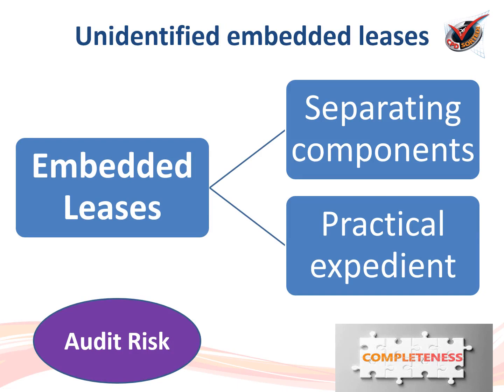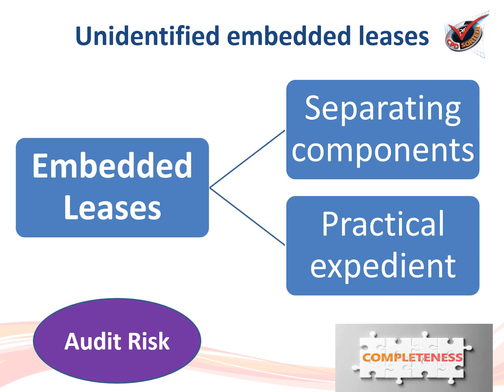So the search for embedded leases also relates to the completeness assertion, and there are sometimes unidentified leases included as part of a larger contract or agreement, and these leases are often overlooked.